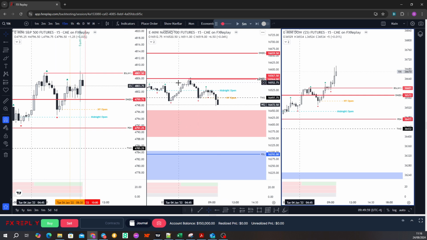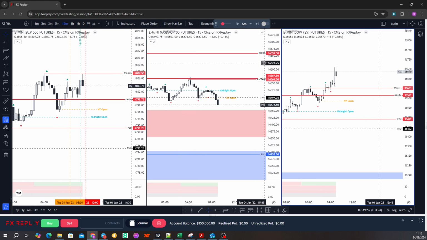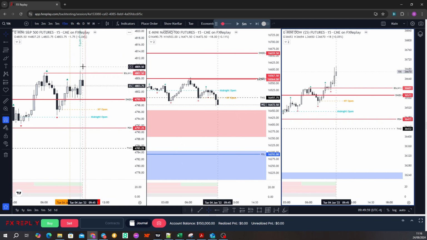IQ trying to go below its 2 week open. However, the other members are not. So it doesn't present high probability conditions. Give me a second.